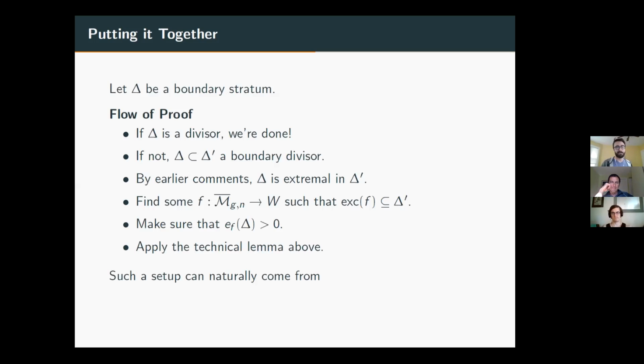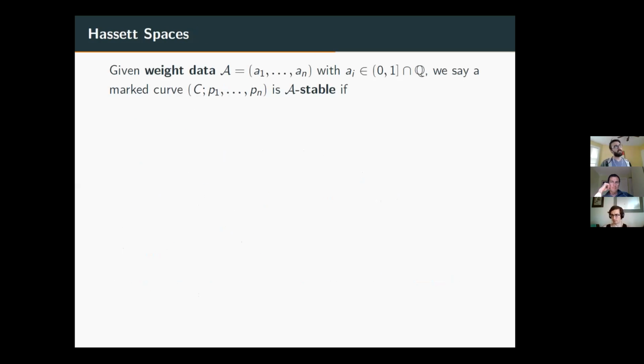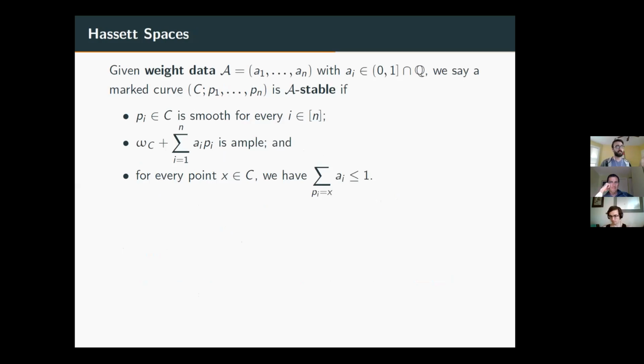Now, such a setup comes very naturally from some of our favorite alternative compactifications of M_g,n. Hassett spaces, woo! So, great. W is going to be a Hassett space, f is going to be a reduction morphism. What are those? Great question. Hassett spaces are a modification on moduli spaces of the usual Deligne-Mumford compactification, where all this technical gook is telling you that we allow certain points to come together if the weight associated with them is small enough.